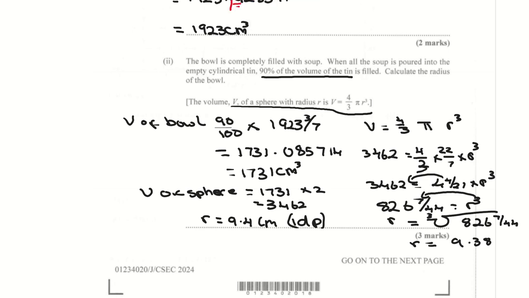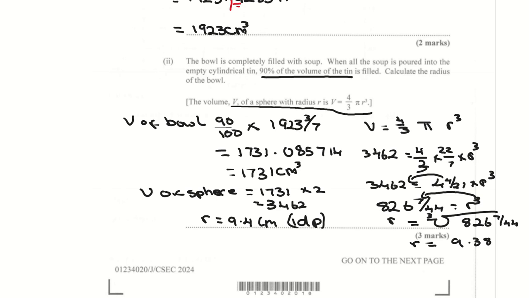It doesn't matter. If you use this value, you might just get a decimal place off. You wouldn't get something way off. So it really doesn't matter. I just like to use the exact value, but if you use 1923, your answer might be about 0.05 more or 0.05 less than my answer.